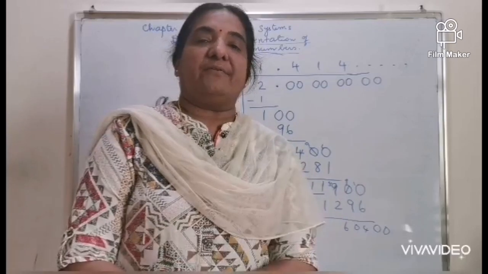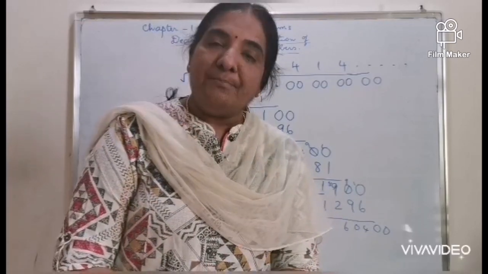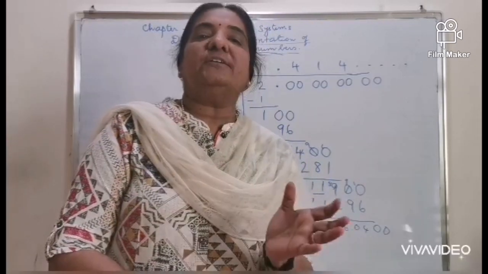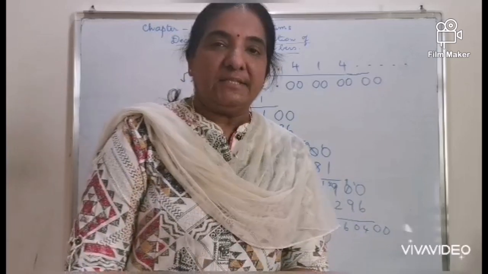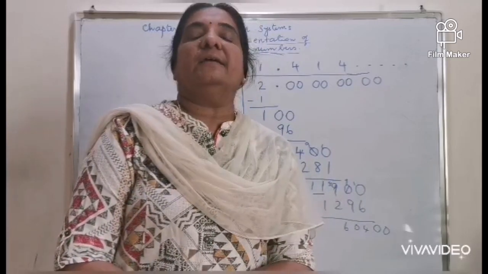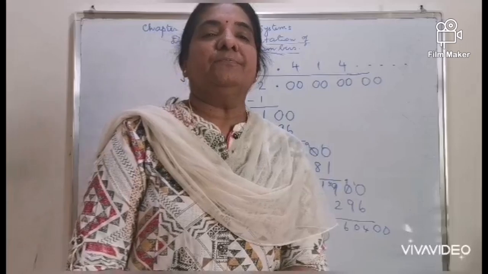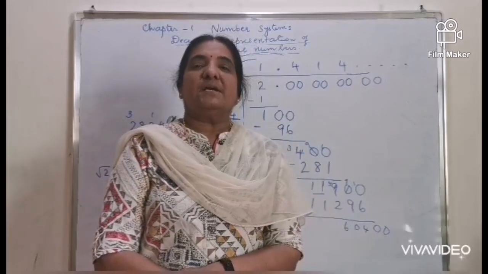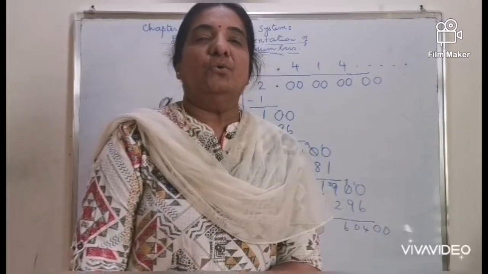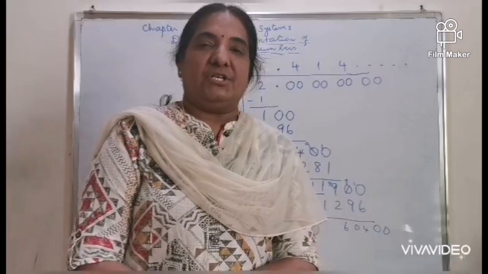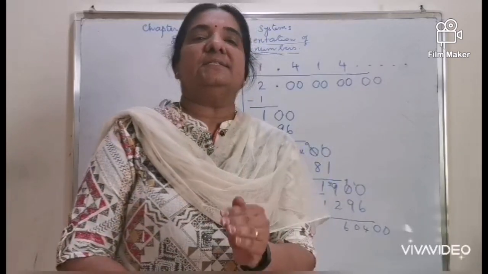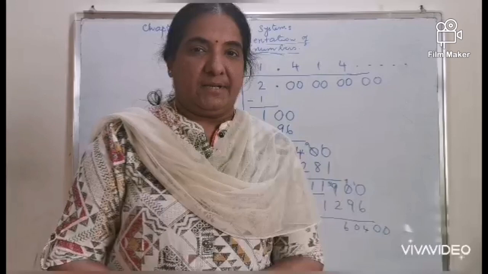So what are irrational numbers? Numbers which do not have a terminating or recurring decimal. In short, irrational numbers are those numbers whose decimal representation is non-terminating, non-recurring.